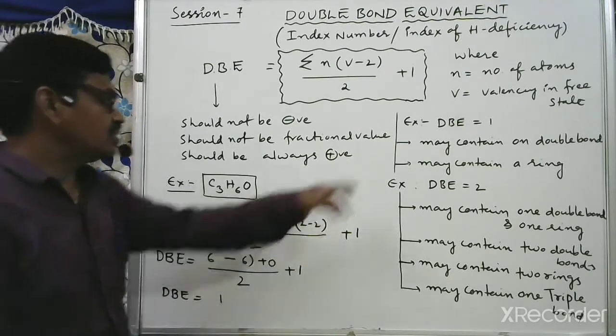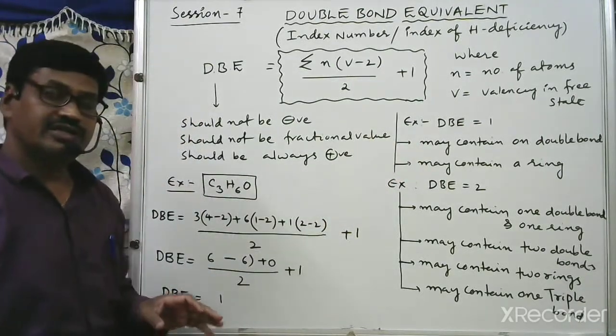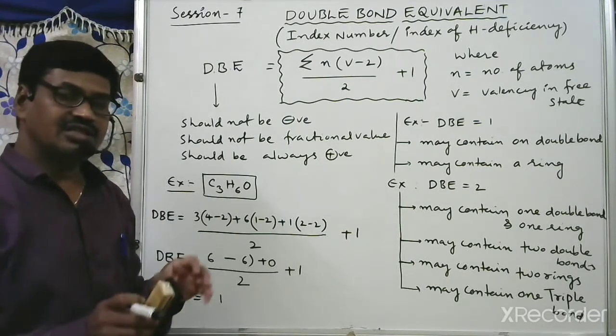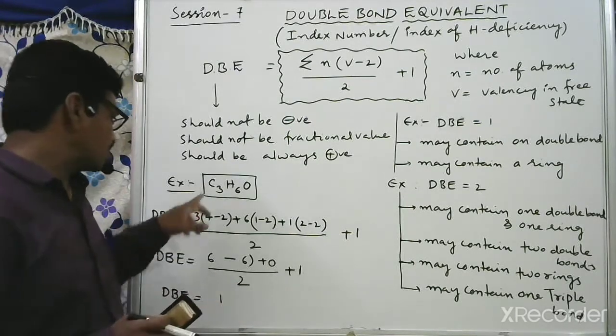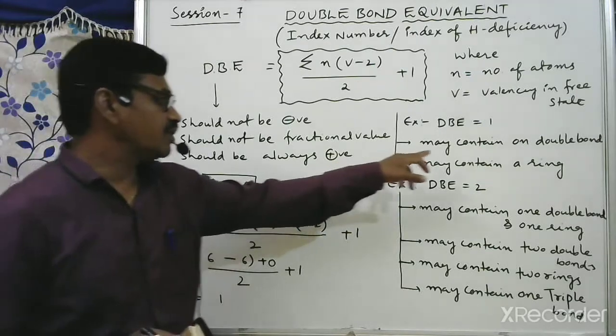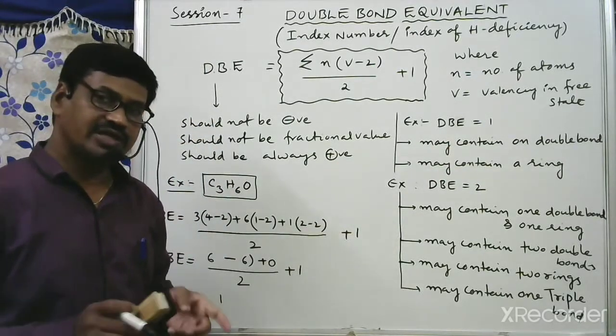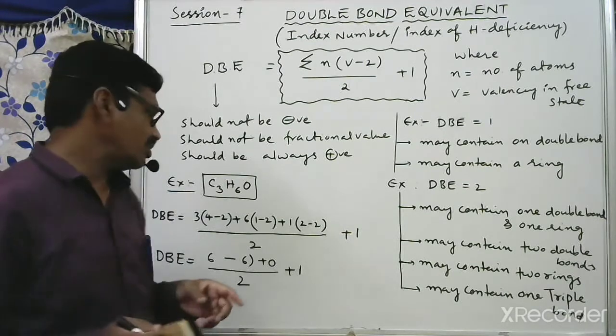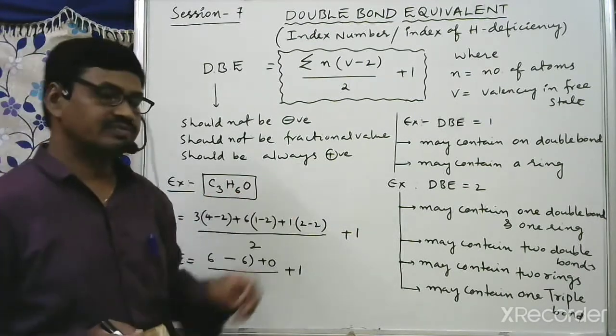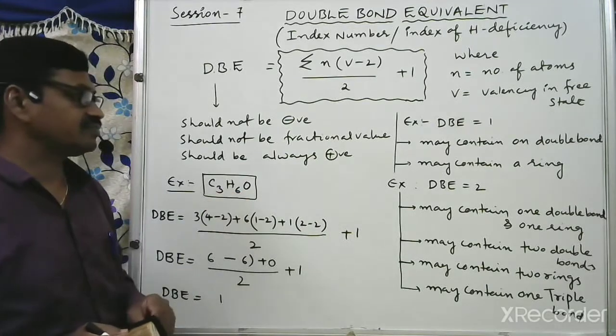So by using this, we have to go for writing structural isomers. This compound C3H6O may contain one double bond. The double bond may be between carbon and carbon, or between carbon and oxygen, because oxygen is also present.